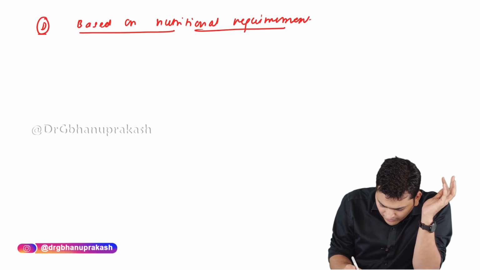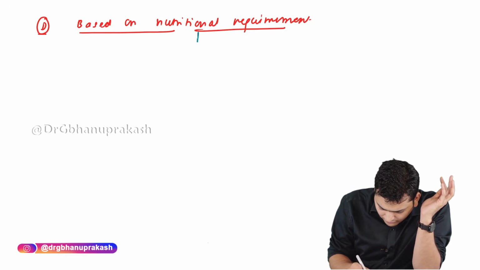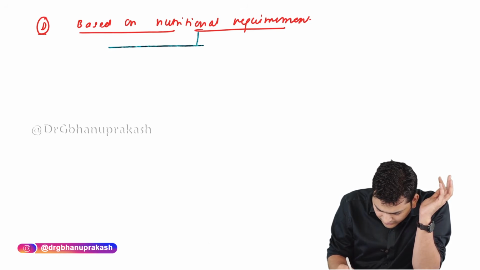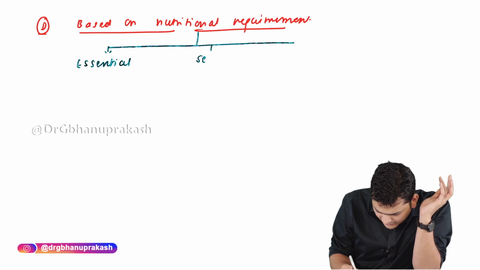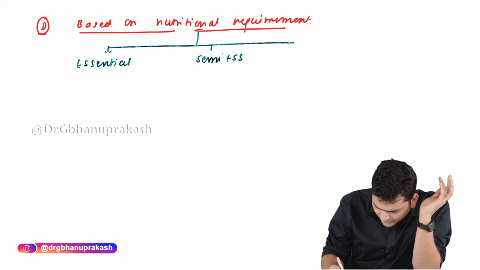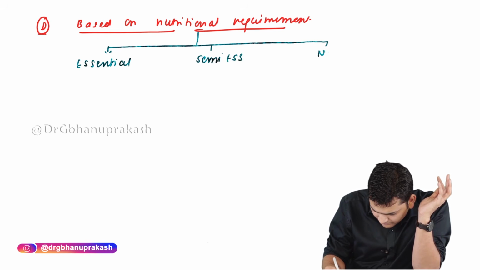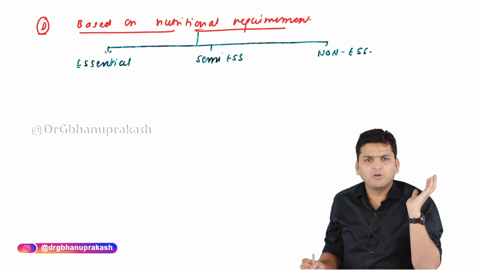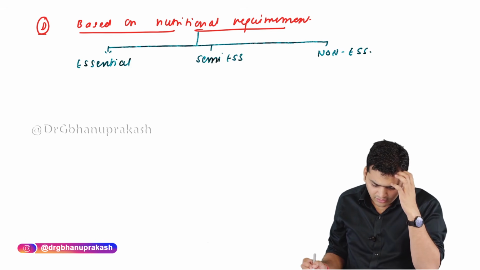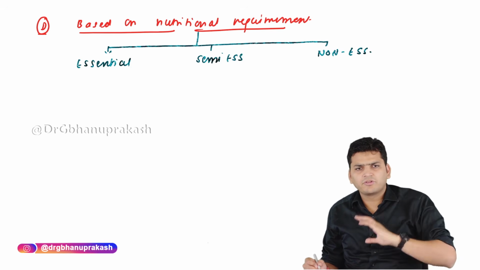Based on nutritional requirement, the amino acids are classified into three categories: essential, semi-essential, and non-essential.